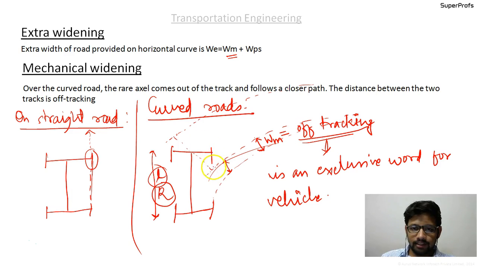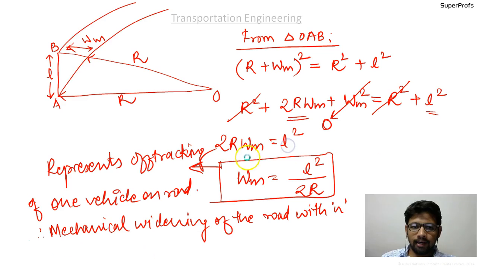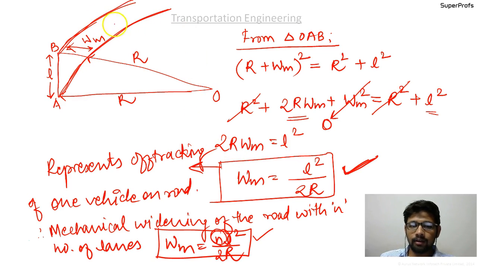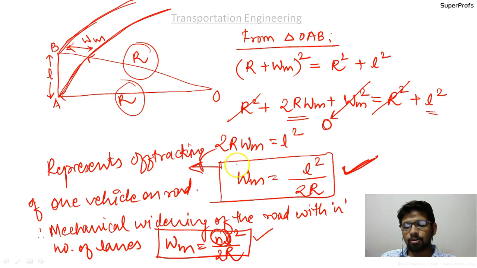We are considering these two tracks and correlating them with the radius of the curve, and using some trigonometry, the triangle laws, and making some assumptions, we are finding out what is the mechanical widening that is required for that vehicle.